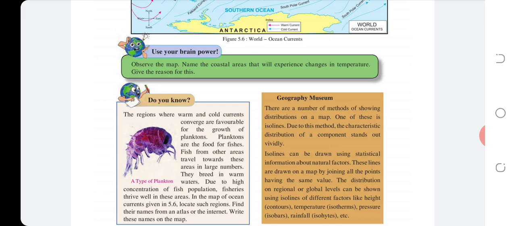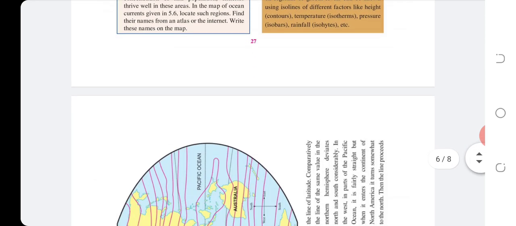These lines are drawn on the map by joining all the points having the same value. The distribution at the regional or global level can be shown using isolines of different factors like height, temperature, pressure, rainfall, etc.